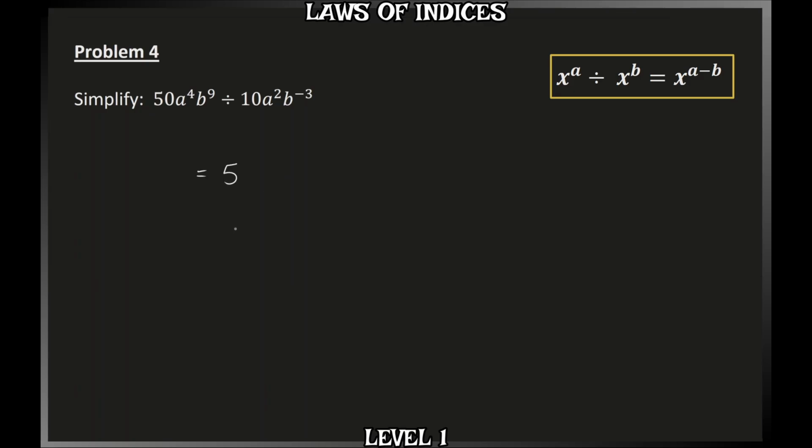A to the power of 4 divided by a squared gives us a to the power of 4 minus 2, using our law, and b to the power of 9 divided by b to the power of minus 3 becomes b to the power of 9 minus 3. We have to be really careful here to realise that these two minuses make a plus. So simplifying this, we have 5a to the power of 4 minus 2, which is 2, b to the power of 9 plus 3, which is 12, and that's our final answer for problem 4.